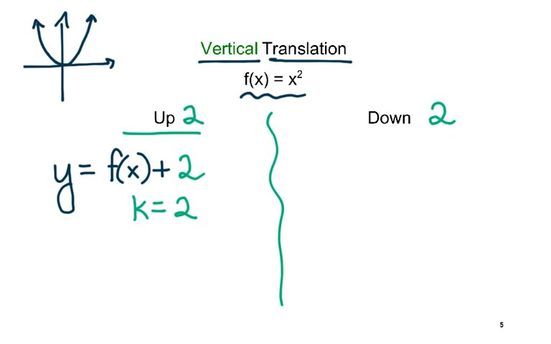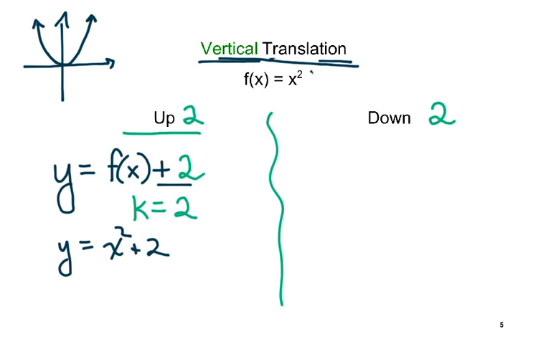We're going to say y equals f of x plus 2, which is a vertical translation up 2 of f of x. So we are going to rewrite that then. Y equals, and we'll write down what f of x is, which is x squared, and then we're going to finish it by adding 2. So that's basically how we do our vertical translation with algebra.